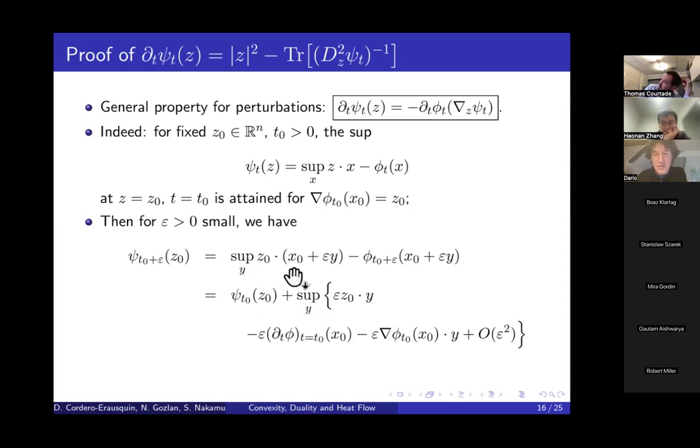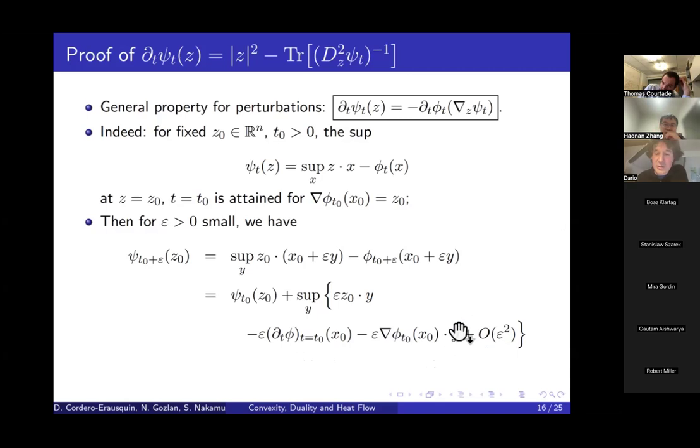So what is the rest? You have an epsilon z naught dot y here, and you also have the term in epsilon, which comes from two parts. The first part is minus epsilon, the derivative in time at t naught at the point x naught, and the second is minus epsilon, the derivative in space, which gives you grad phi t naught at the point x naught dot y.